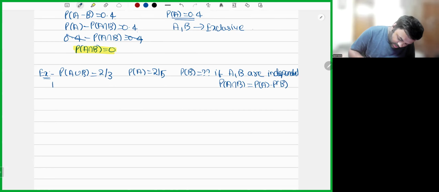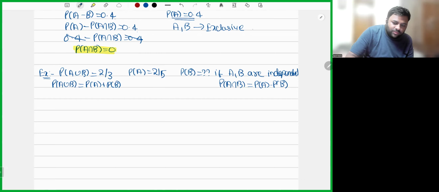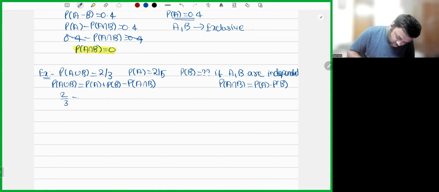Now, what will be P of A union B? P of A union B will be P of A plus P of B minus P of A intersection B. 2 by 3 is equal to 2 by 5 plus, do we know P of B? No, we don't know.